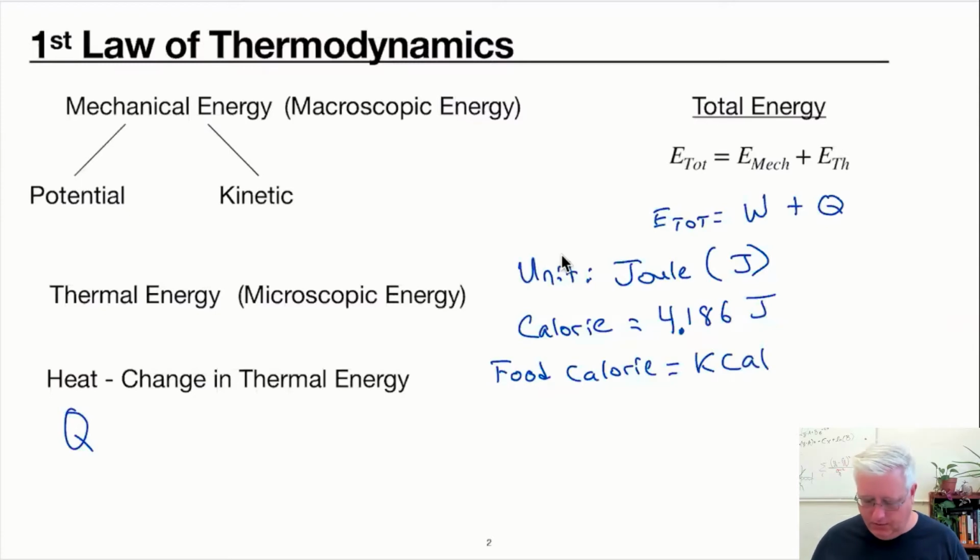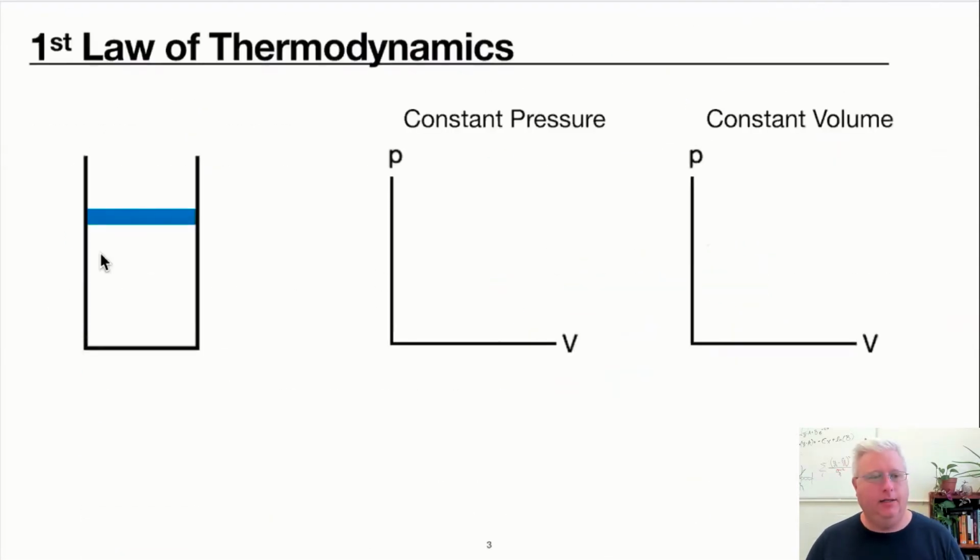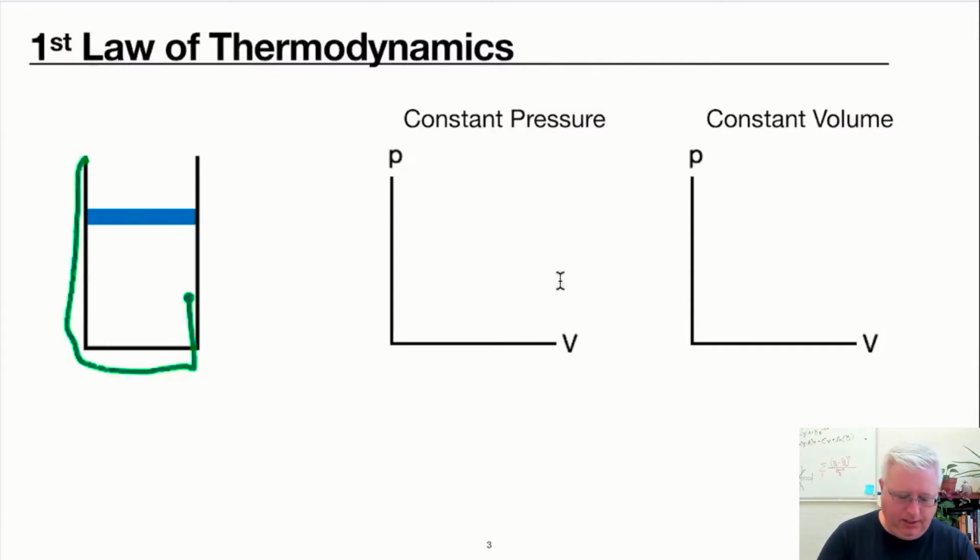All right, so we looked at this idea of a piston. Okay, so remember I showed you my syringe, right? So this idea of the cylinder with a piston inside. If we have this rigid cylinder, like we have here, and then we have a piston inside that's free to move up and down.